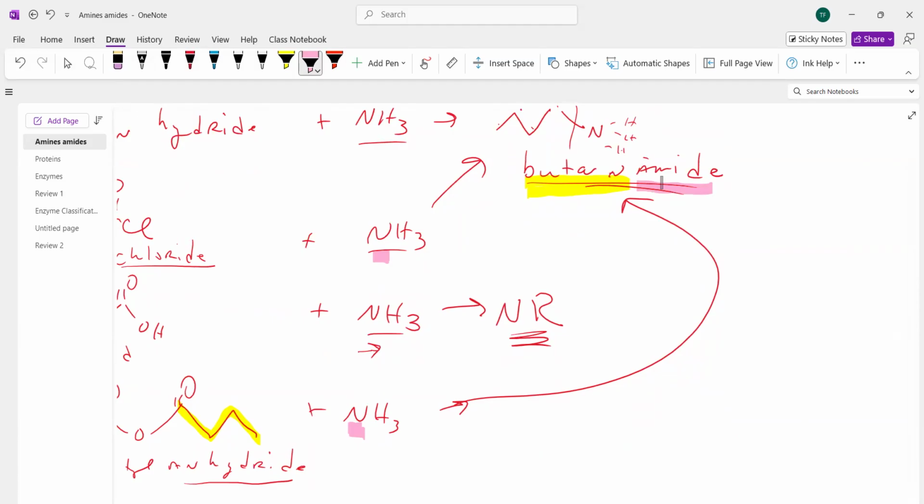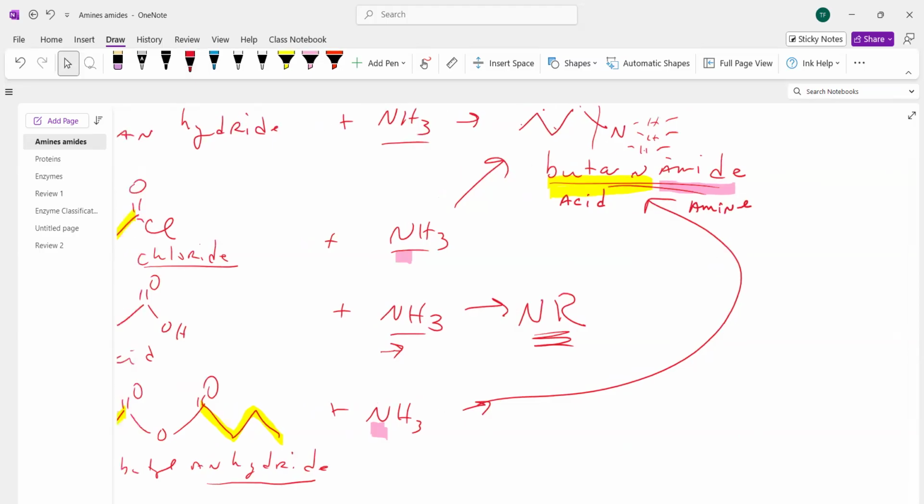So to name an amide, you have to have the word amide in the name. So this is the acid part, amine part, butamide. Now, if there were any groups over here, we have to name those as well.